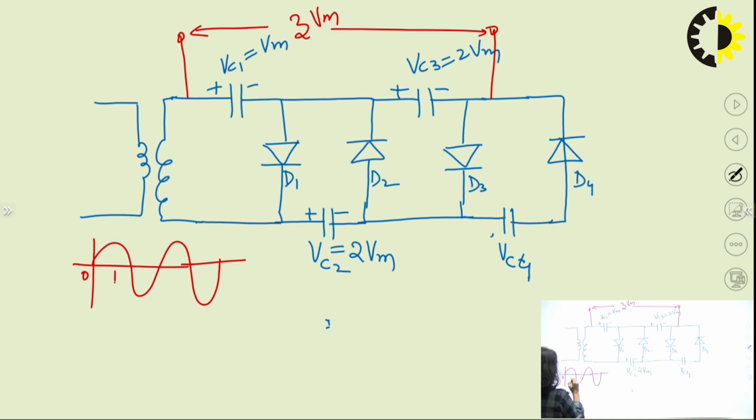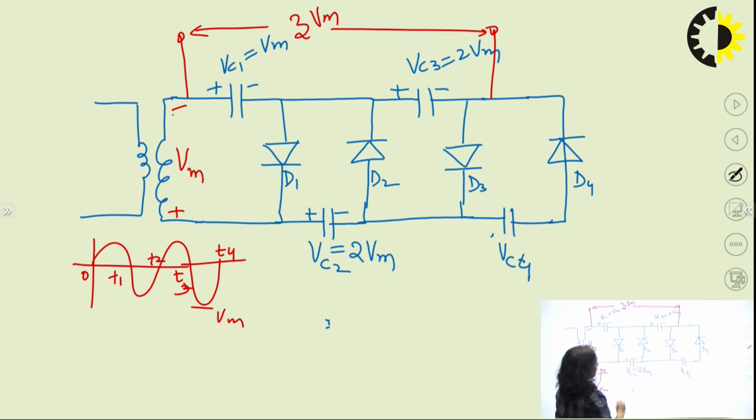Now here we can see that during the time period T3 to T4, this is minus and this is plus, and that is again Vm. So the effect of this Vm will get cancelled, and this positive will make this diode reverse bias.